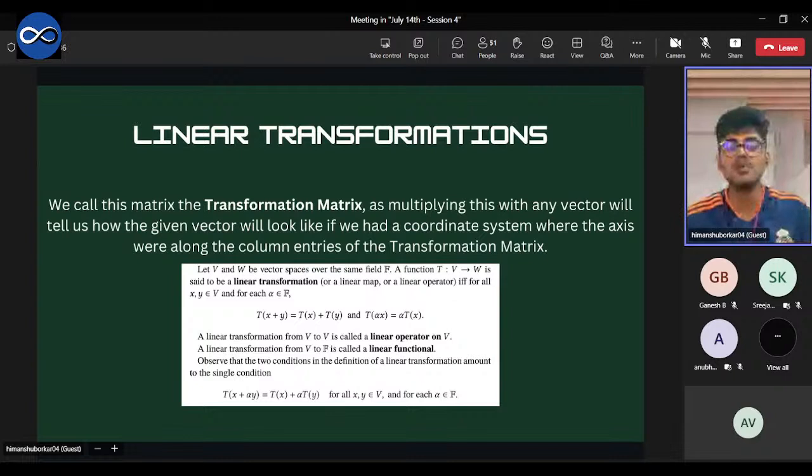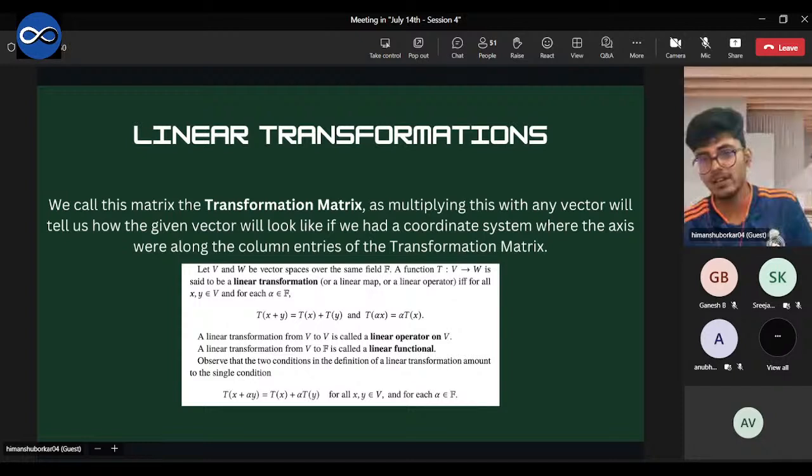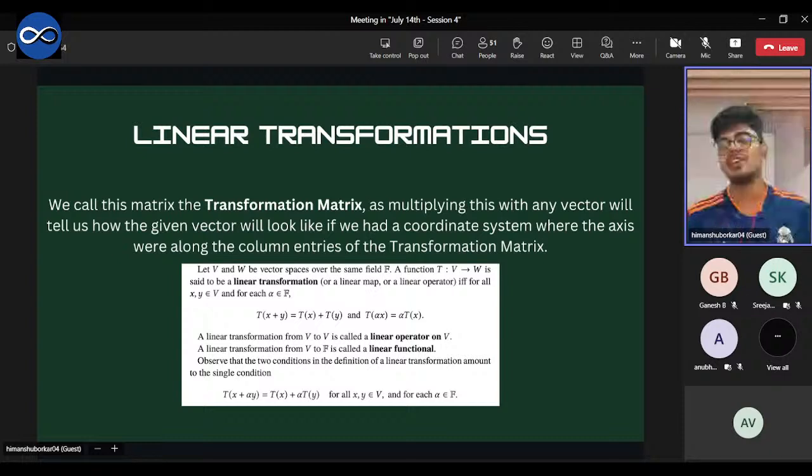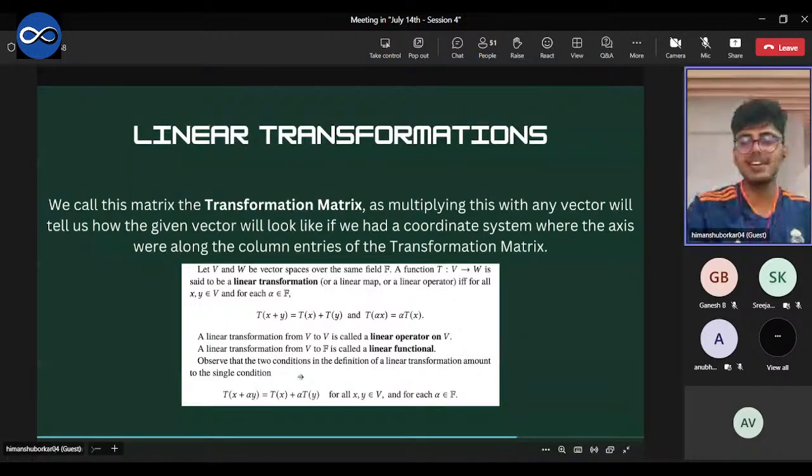So T of x plus y will be T of x plus T of y. And if you scale the input, the output will be the scaled version of the original output. So T of alpha x will be equal to alpha times T of x. This is just the textbook definition, you can take a screenshot. So that's linear transformation.